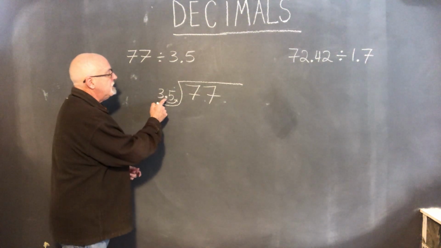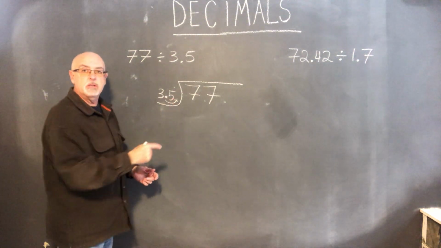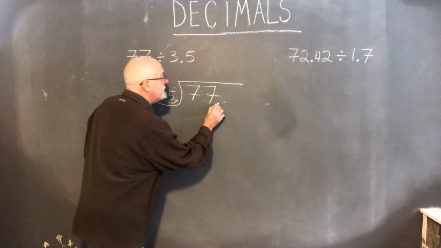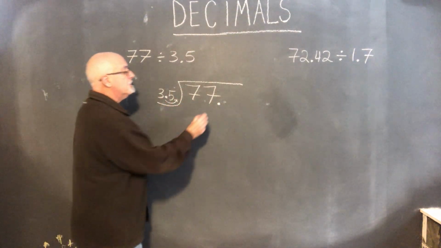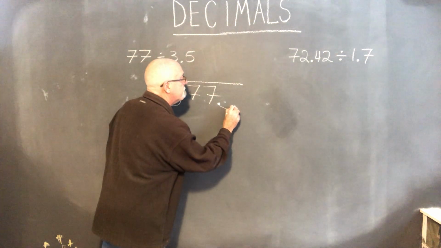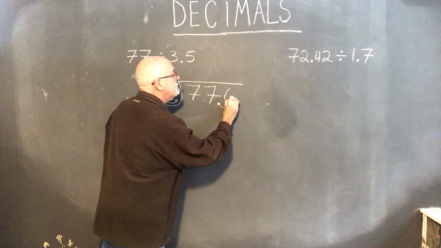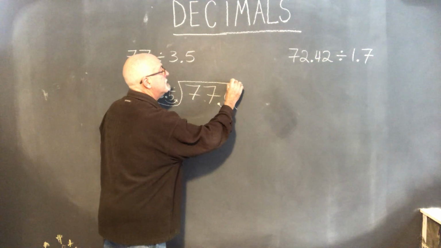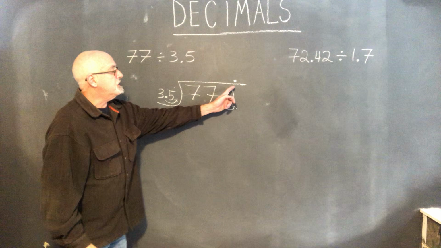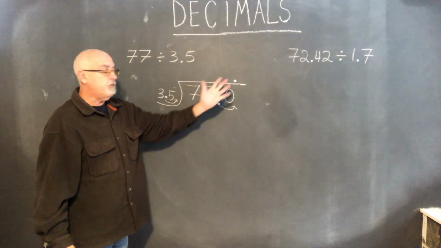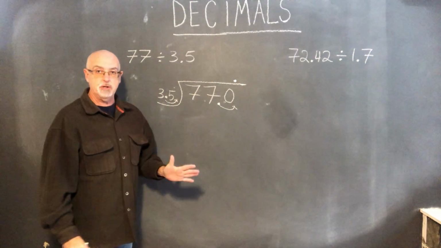In other words, I am jumping the decimal one spot to the right. But that means I have to know where the decimal is in this number, and I have to also jump that one spot to the right, which means I'm putting a 0 in here, and my decimal ends up there. And the decimal that matters to me the most is the one that I put up on top for the answer, that is in the right position.